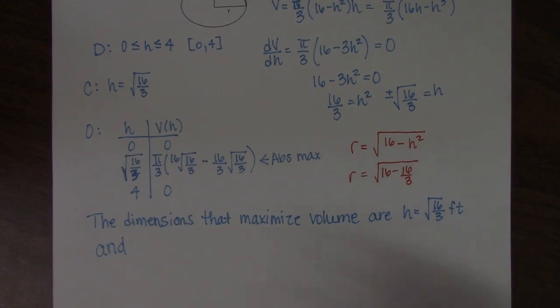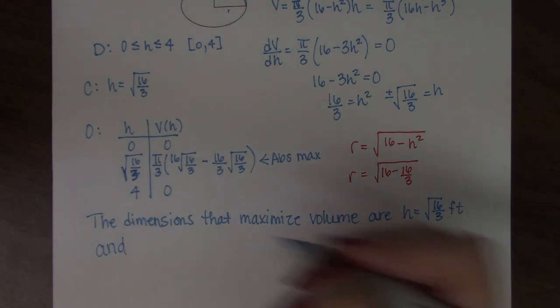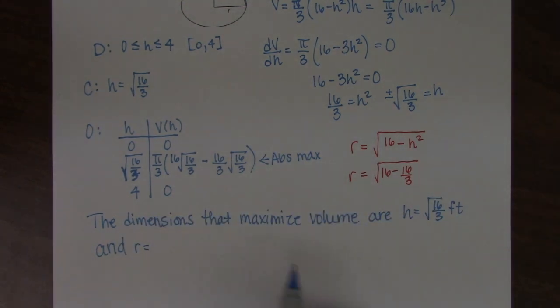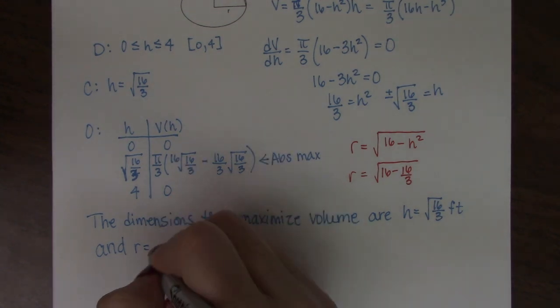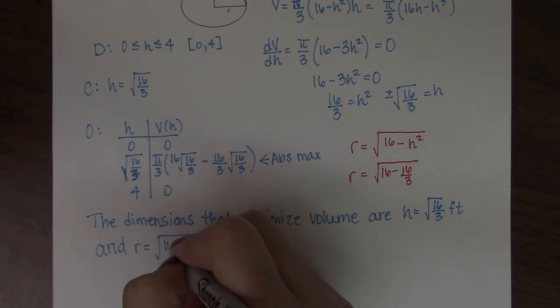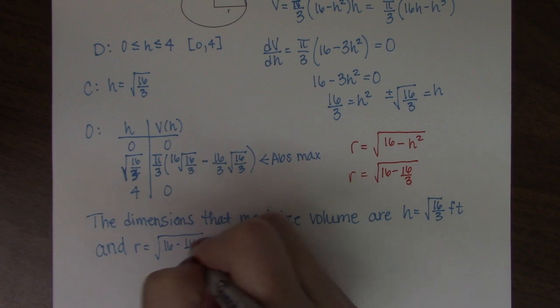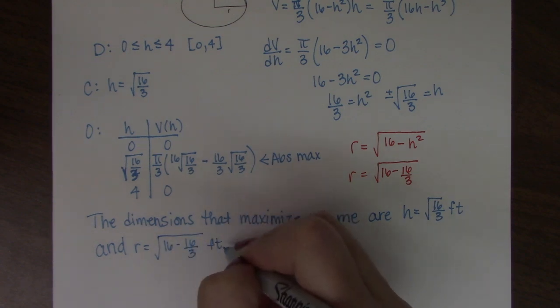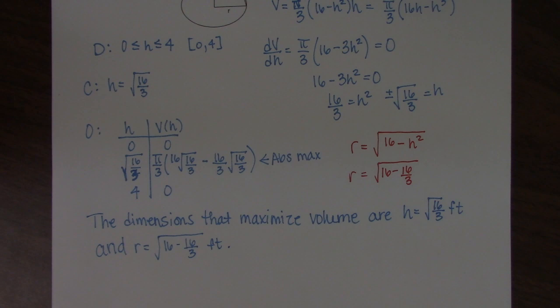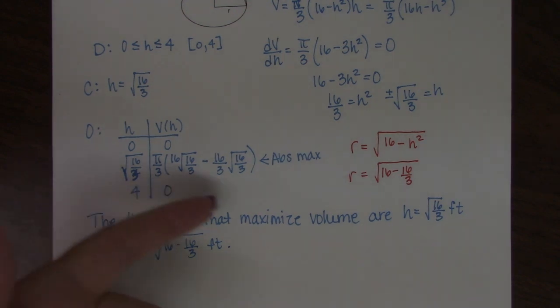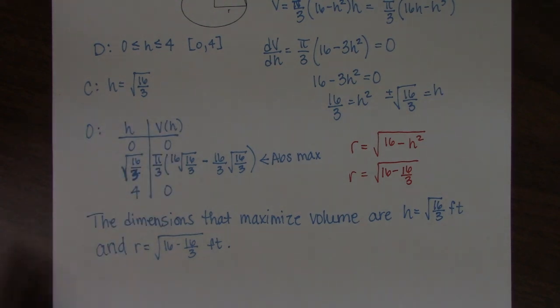I can just leave it the way it is, and I can say that the dimensions that maximize volume are a height of square root of 16 over 3 feet and a radius of square root of 16 minus 16 over 3 feet. It didn't ask you to give the maximum volume. We just had to verify that the volume was greater than 0 on this table.